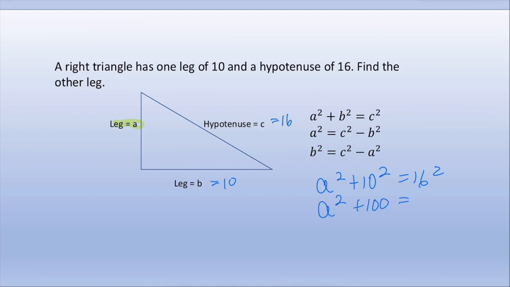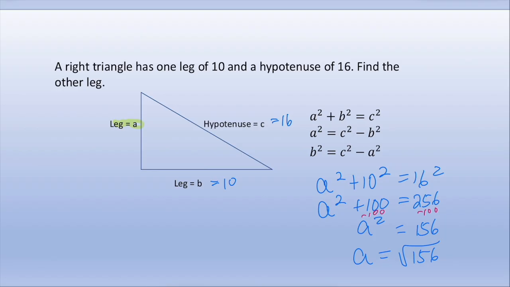So that's 100. A squared plus 100 is 256. So A squared, we would have to subtract off 100 from both sides. So A squared is 156. So A is the square root of 156.